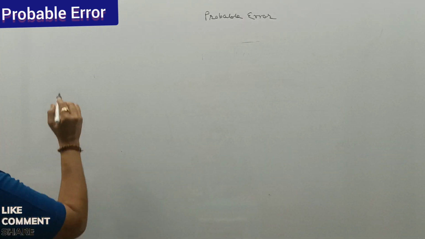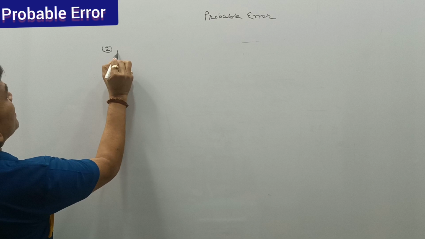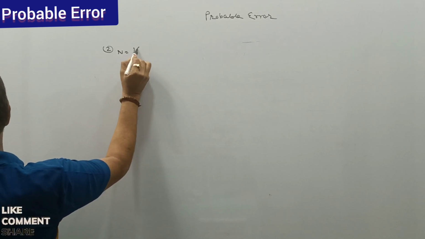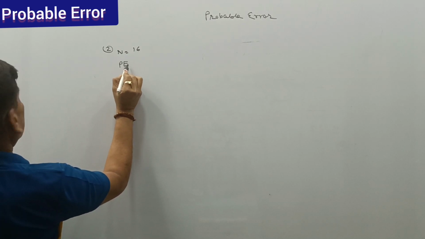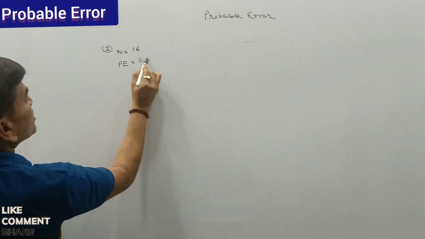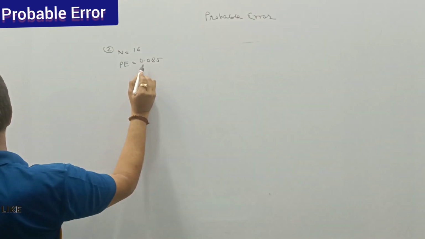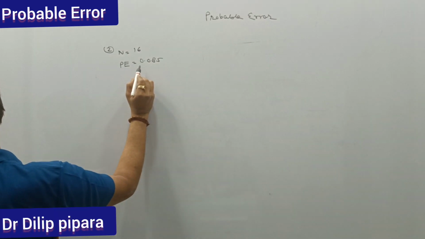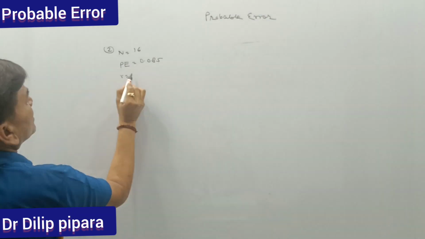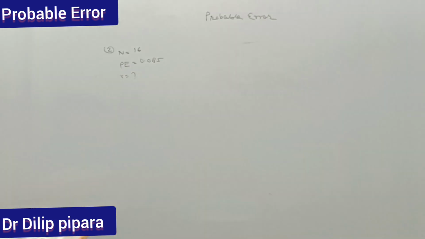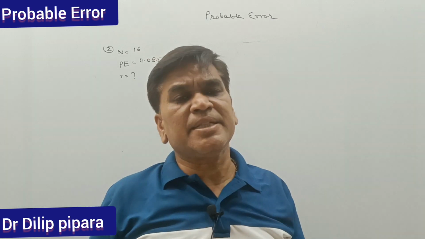Question number 2: n is given as 16 and the probable error is given as 0.085. We have to calculate r and whether the correlation is significant or not.